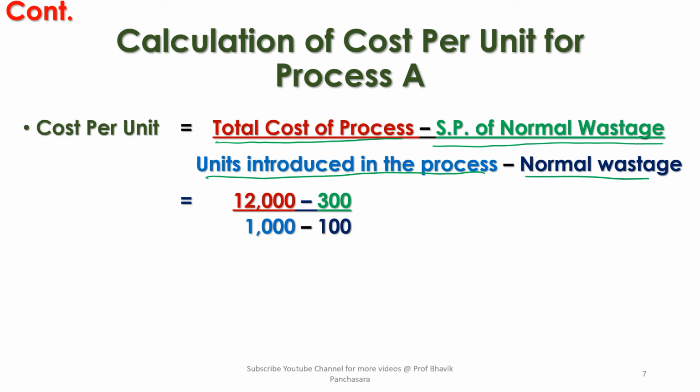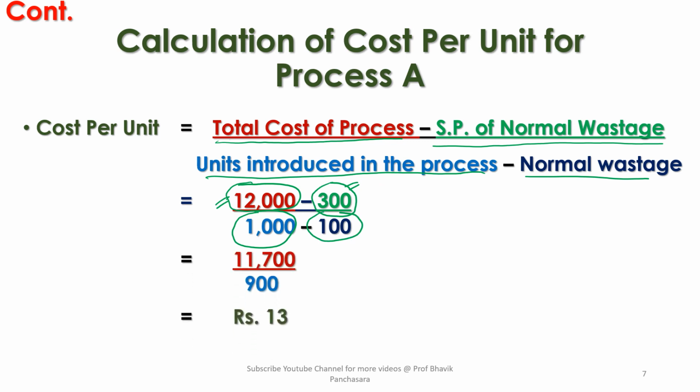So here total cost, if we make the total of debit side, total cost is 12,000 minus selling price of normal wastage, that is 300, upon 1000 units were introduced in this first process minus units of normal wastage. Now, if we solve this equation, our final answer is 13 rupees. So, here we can say that the cost per unit for process A is rupees 13.